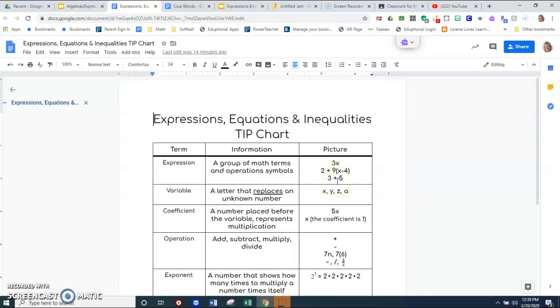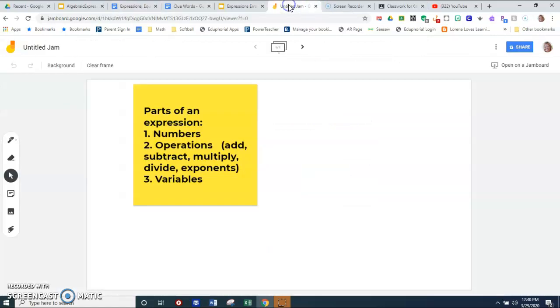So one of the things I want to just refresh your memory about is when we talked about expressions before, we said that there were 3 different parts of an expression. It had to have numbers, and it had to have operations, and it could have variables. It could have all 3. It could have variables and operations.